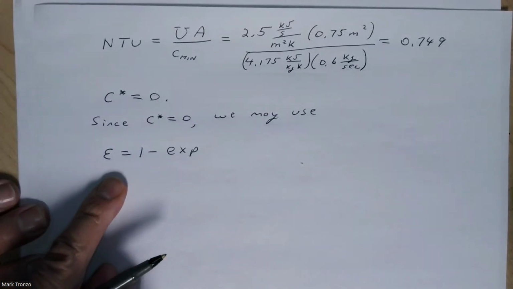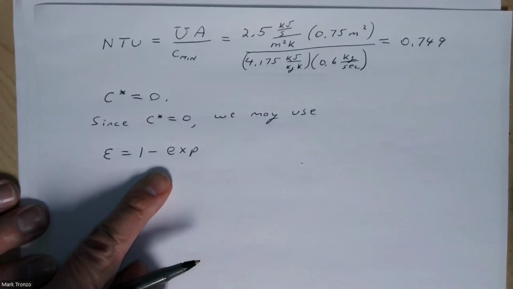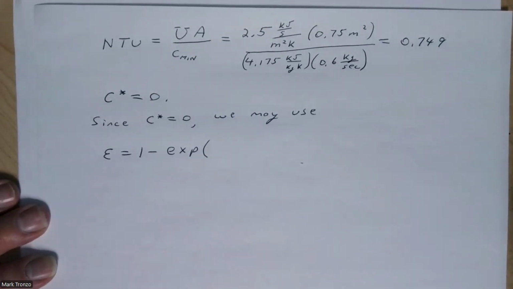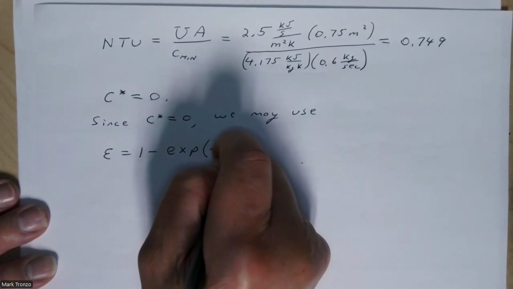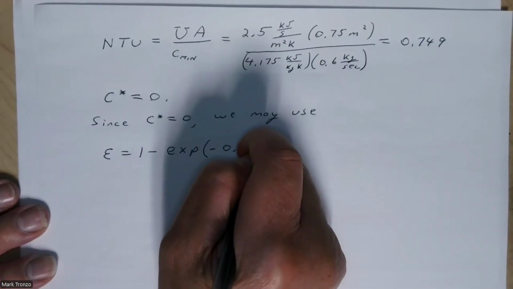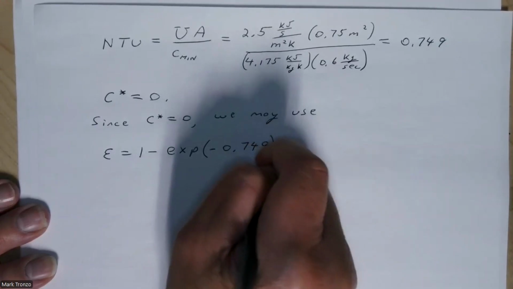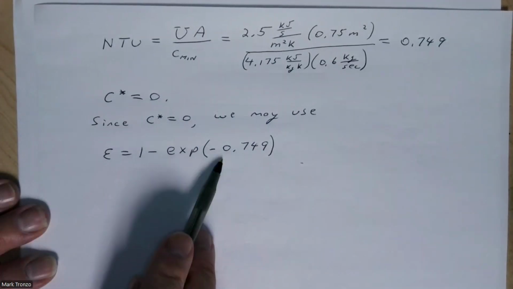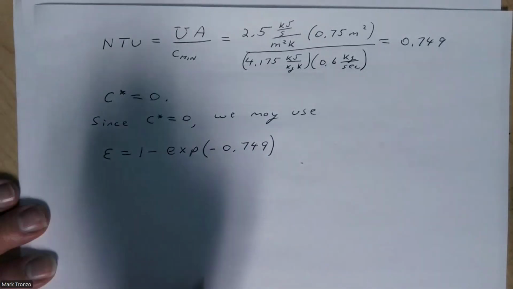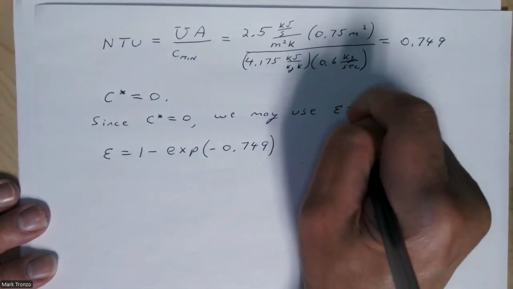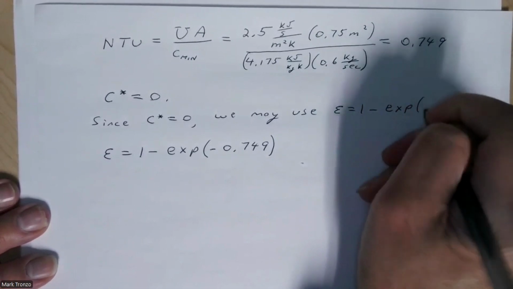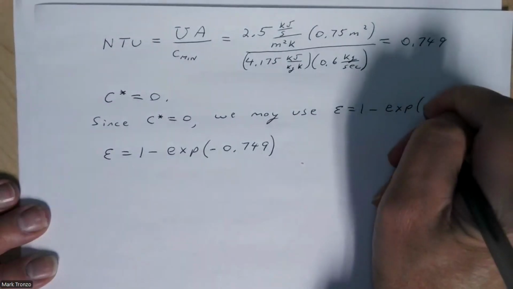And to find effectiveness, the effectiveness is equal to 1 minus the exponential, e to the negative 7.49. That's our NTU. I should have written the equation separately up here. So it's going to be exp to the negative NTU.